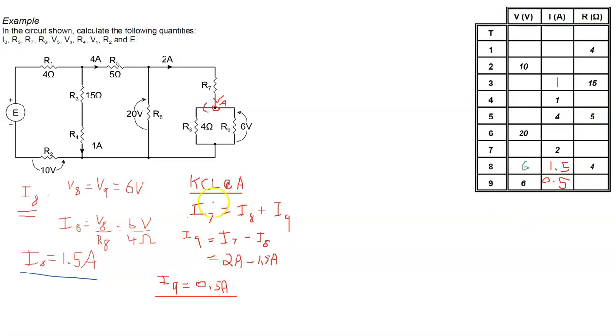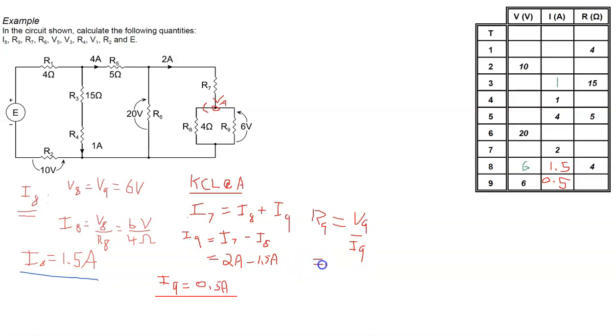and we'll go on now to say that by Ohm's law then, R9 is equal to V9 divided by I9.